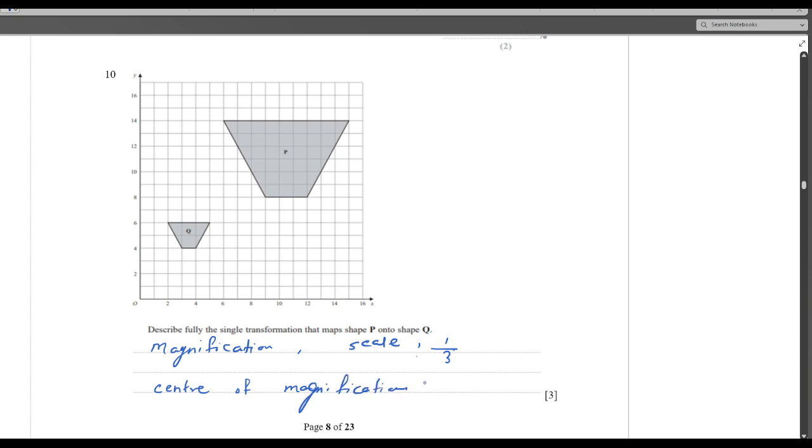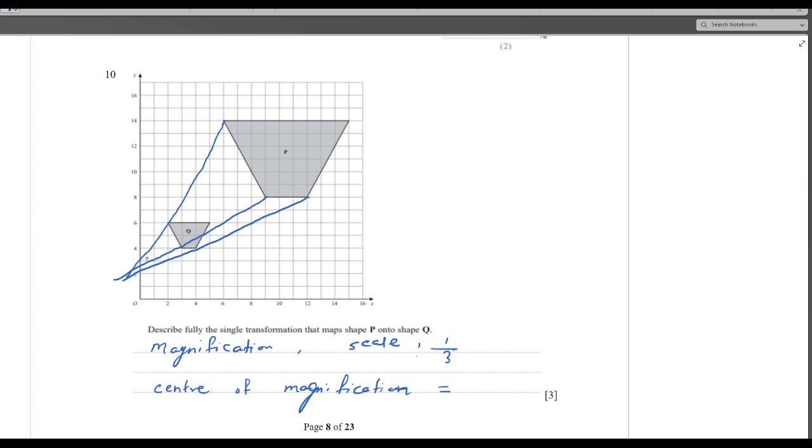If the center of magnification is between 2 points, it is negative, but in this case it is not between 2 points. If I join these 2 corresponding points, I will go like this, and if I join these others, I will go like this. Since this is a freehand drawing, the result seems not to be accurate, but I feel that all the points are passing through (0, 2).